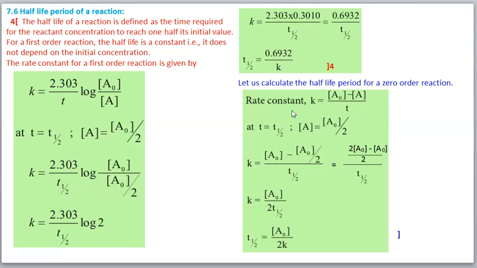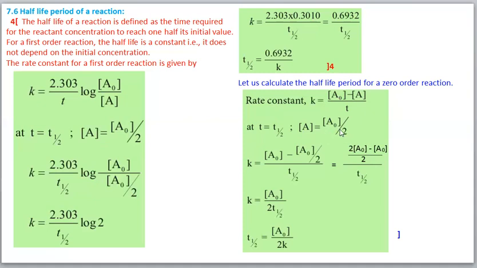For a zero-order reaction, the rate constant K is equal to the initial concentration of reactant, that is A0, minus the concentration of reactant after time t, that is A, divided by T. Then for the half-life period, the condition is T is equal to T half. When T is equal to T half, A is equal to A0 by 2.